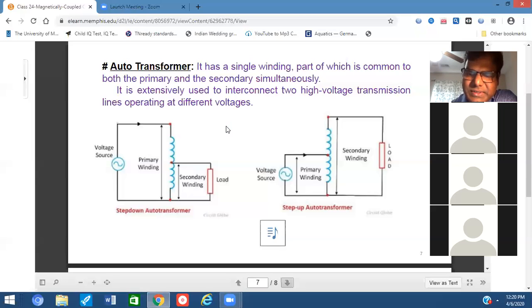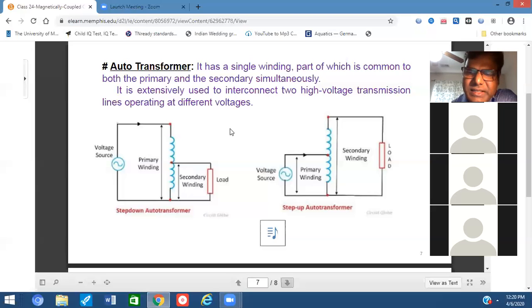Now, I'm not sure whether you have seen this or not, but there is a regulator for those fans mounted on the wall of the home, and there is a knob on it. You just adjust the knob, and that basically controls the voltage to the ceiling fan, and then the speed increases or decreases. That is another best example of an auto transformer.